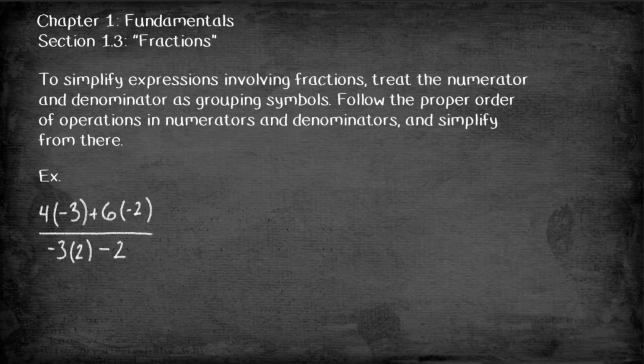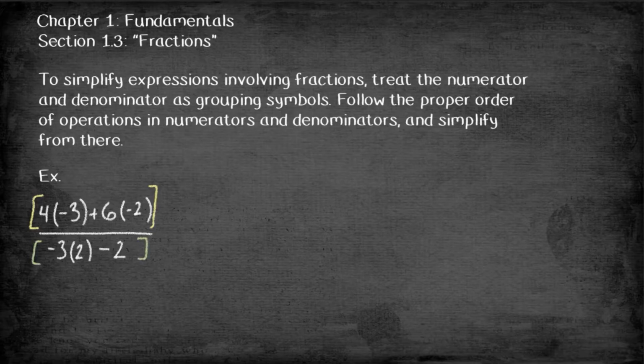So here's an example. 4 times -3 plus 6 times -2 over -3 times 2 minus 2. I'm treating the numerator and denominator as grouping symbols.